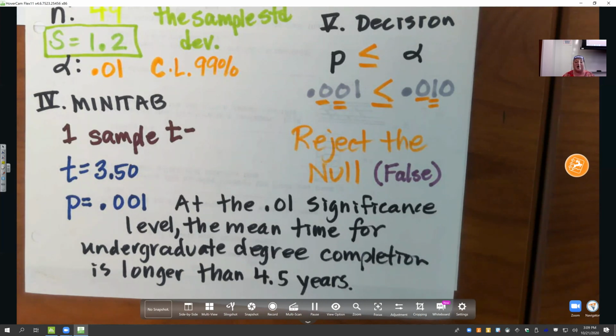Instead of saying is not longer, we left the word not out to put it in terms of the null. So sometimes that gets a little weird on how to word the conclusion. Main thing to remember is you have to state the level of significance, and you want to try to put it in terms of the null hypothesis, or so that it indicates that the null hypothesis is, in this case, false or true as appropriate.